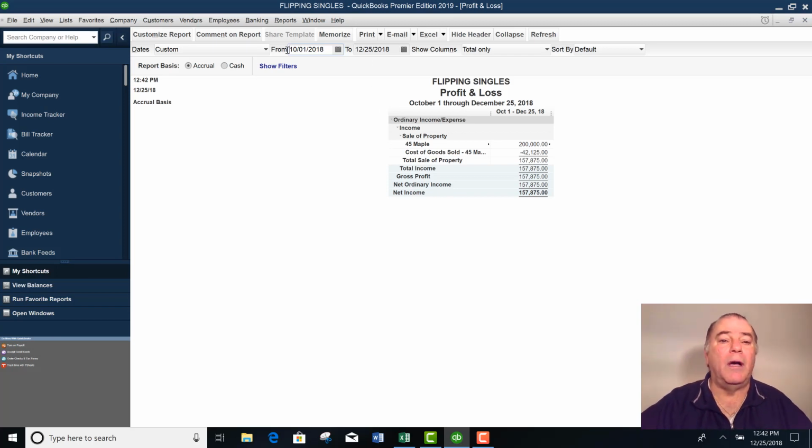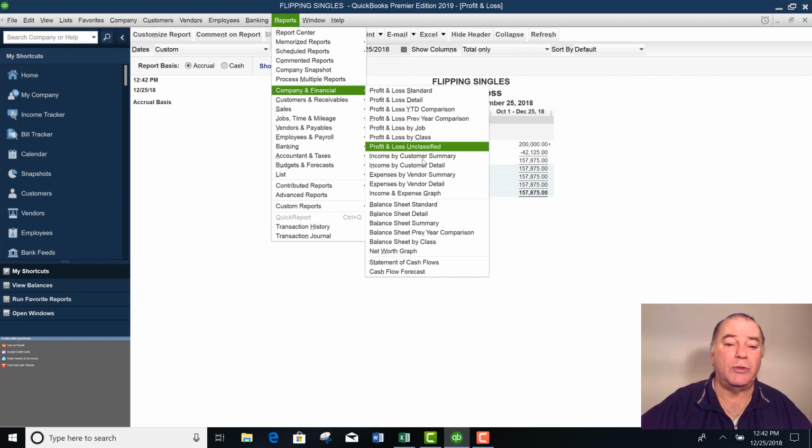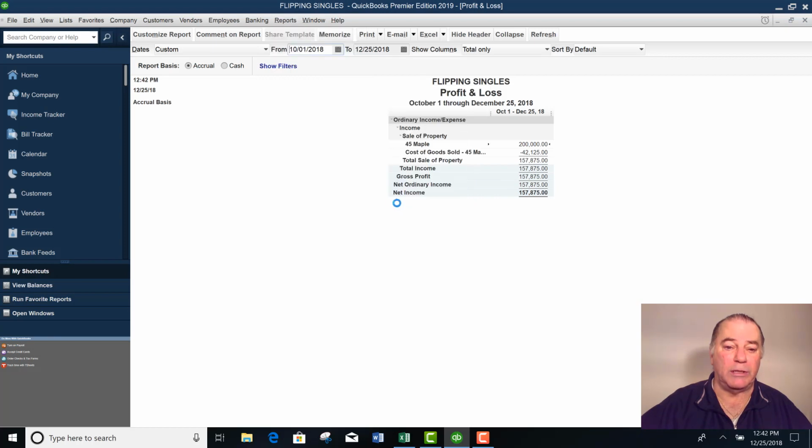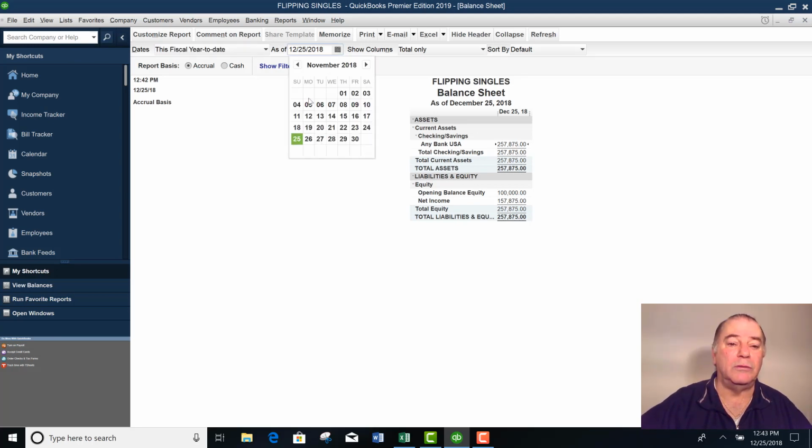And the way it's set up on the balance sheet, again, we're going to take a look at it, and I just want to show you. All right, this is a standard balance sheet. It just shows current assets. That's basically all cash because I'm showing you after the fact. So let me go back and show you, let's see what we got for November 30th. I can't remember what date I put in there as a sale date.